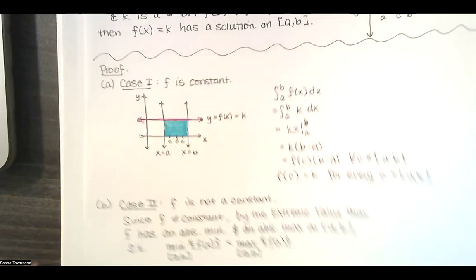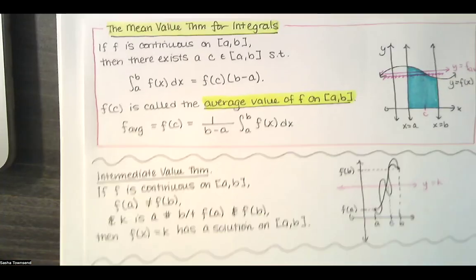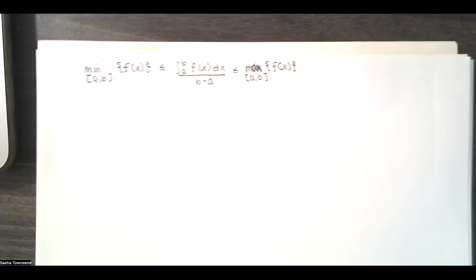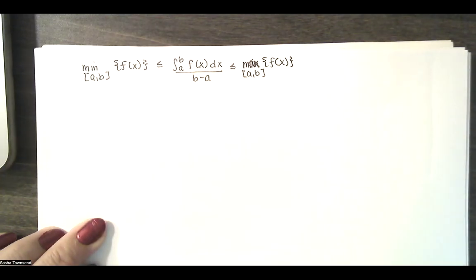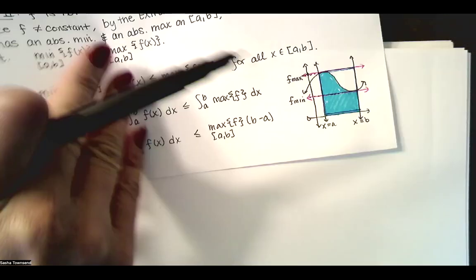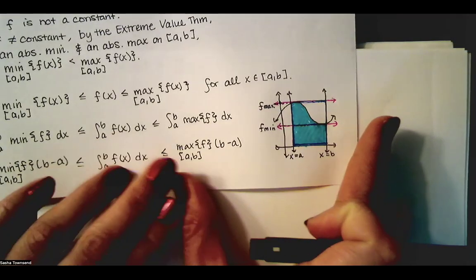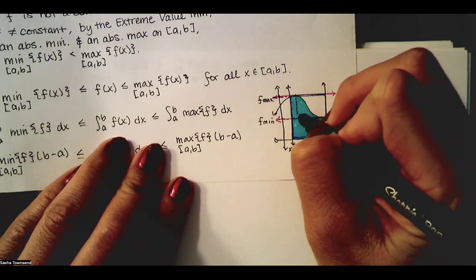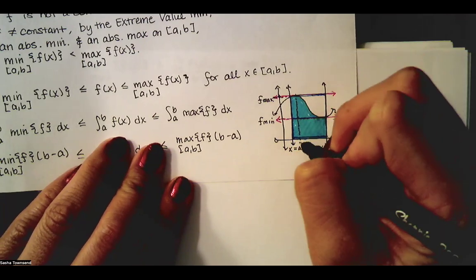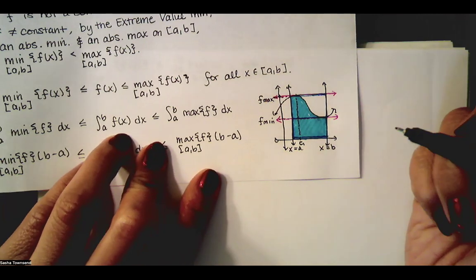Okay, well, let's look at this. This inequality says that the average value is between the minimum value of f and the maximum value of f. Let's look at our picture again. In this particular picture, f max is associated with a value, I'm just going to call that C1.